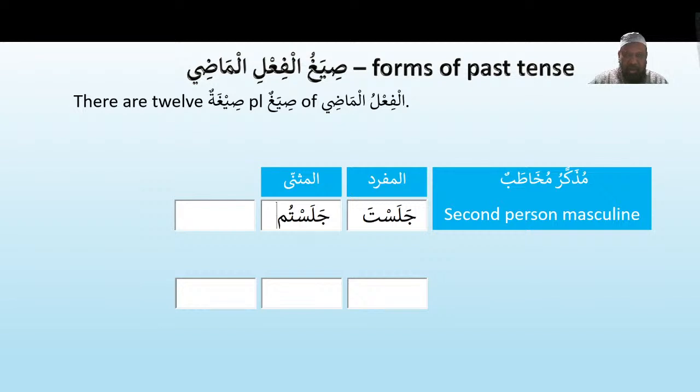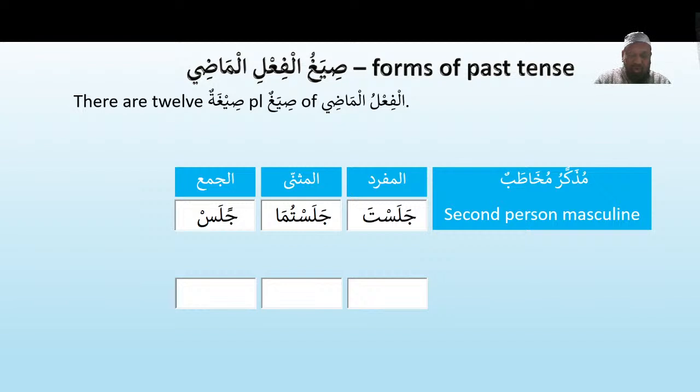And we add the ma here, the meme, then we add the alif. An alif demands fatha before it. Jalastuma. And al-jama, jalas.